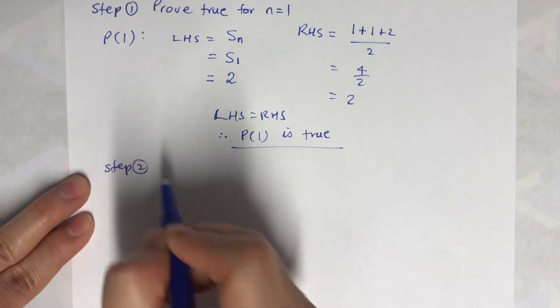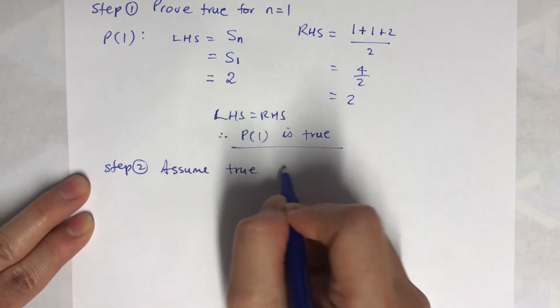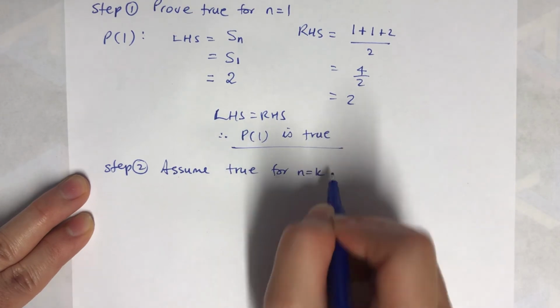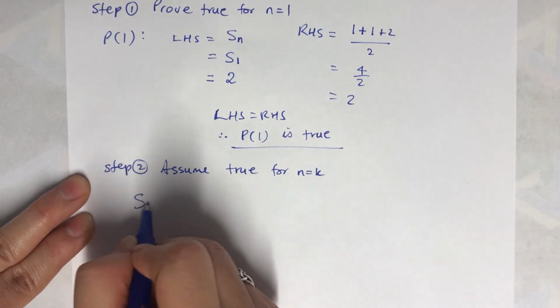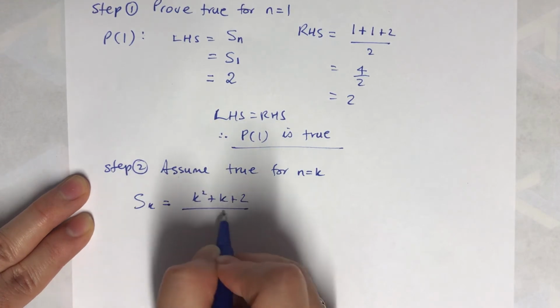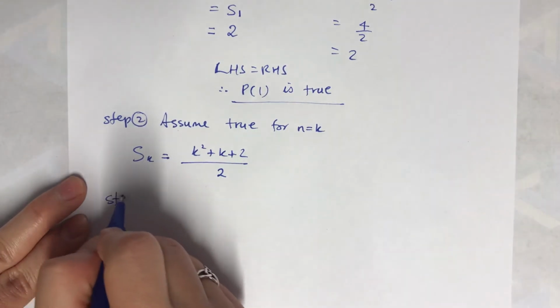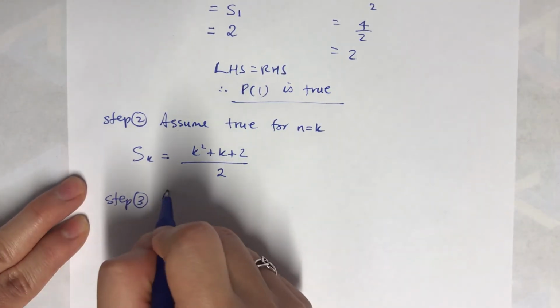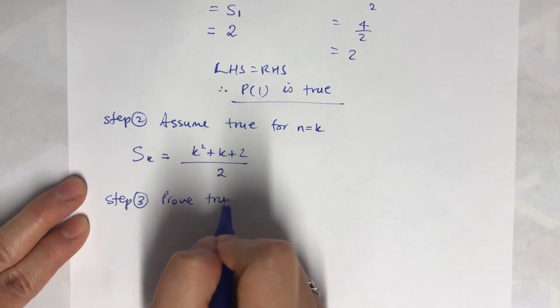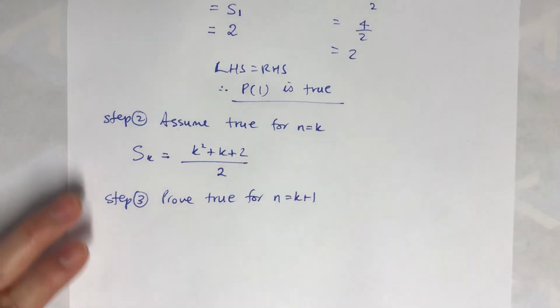Step 2: assume true for n equals k. So Sk equals k squared plus k plus 2 all over 2. Step 3: prove true for n equals k plus 1.